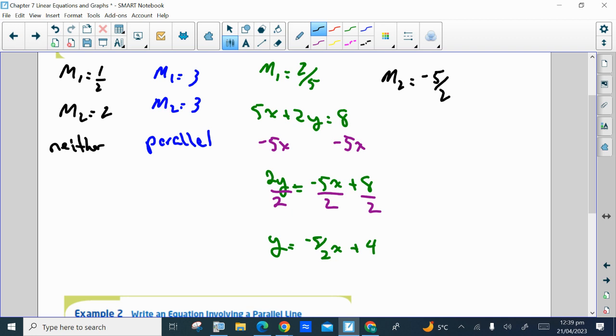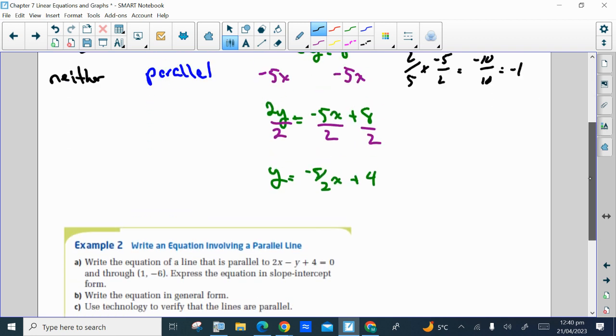Are the two lines parallel? Why are they perpendicular? Because their slopes are negative reciprocals. If you take the first slope of 2 over 5, you flip it over and change the sign, it becomes negative 5 halves. Also, if you multiply the two slopes together, you're going to get negative 10 over positive 10, which is negative 1. When the slopes are negative reciprocals, their products will be negative 1. Okay?